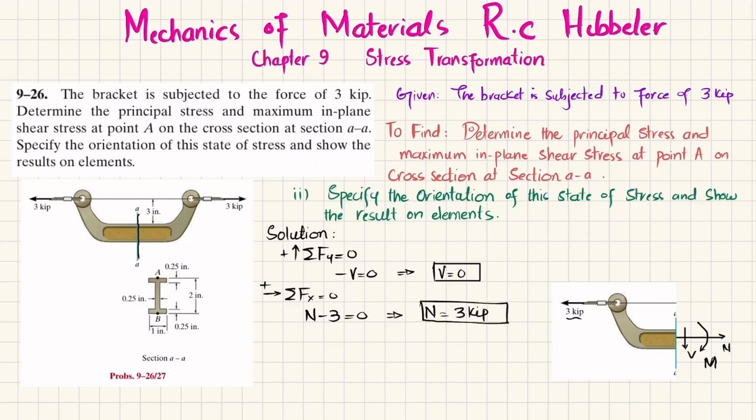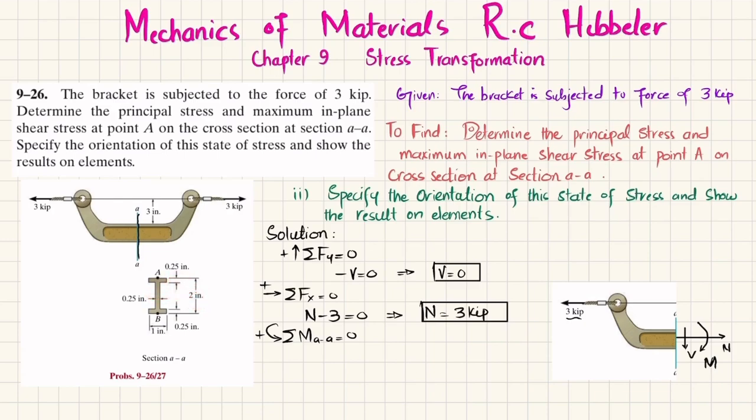Now we'll find the moment, and the equation will be the sum of all moments about section AA must be equal to 0, taking the counterclockwise moment as positive. Here you can see the distance from the top to this top surface is 3 inch, and this half portion, which is 2 inch, gives half equal to 1.